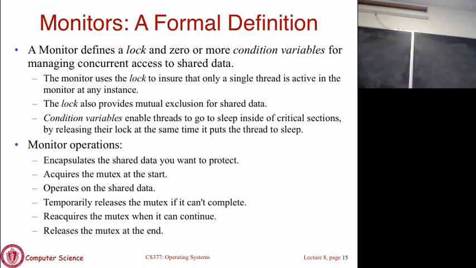Similarly, when a thread calls signal, you're incrementing the semaphore, and if other threads are blocked on it, then you wake up one of those threads. You're essentially handing off your permit to some other thread. That's the basic idea of the semaphore.